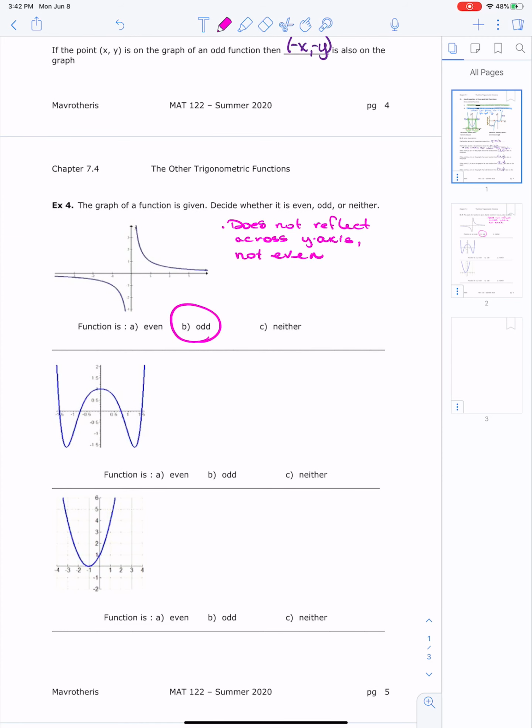Okay. Second one here. If I were to fold this in half along the y-axis, here's my y-axis, the one side would lie right on top of the other side, so I know this is even.